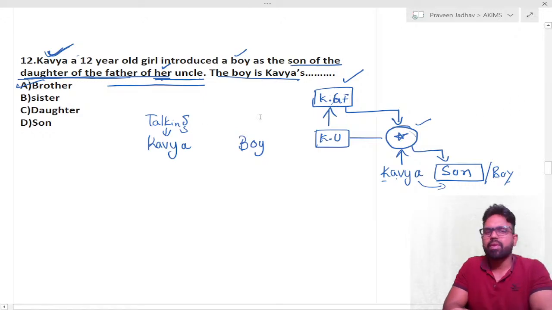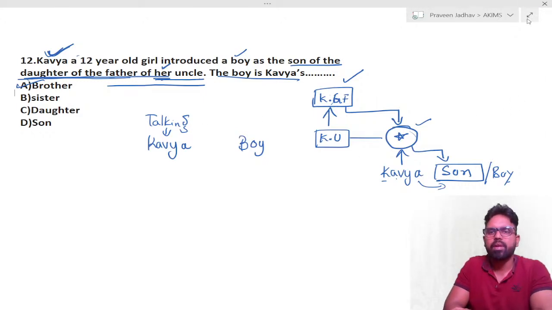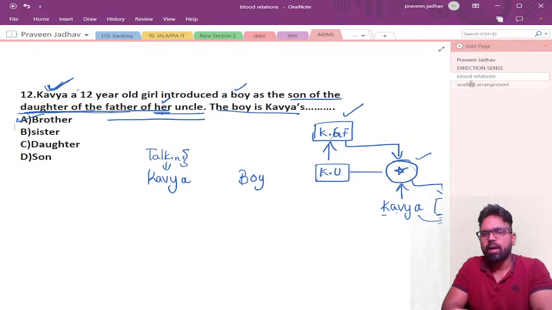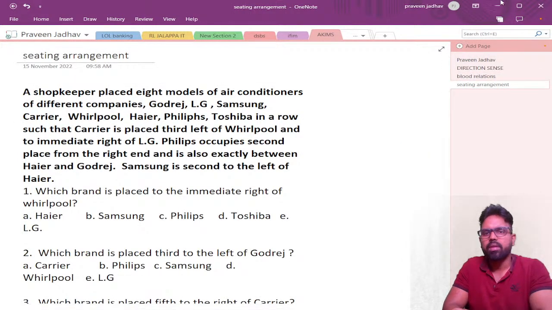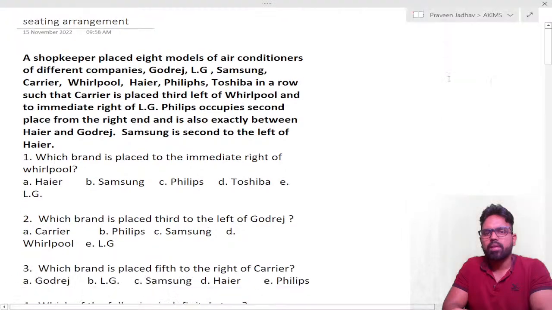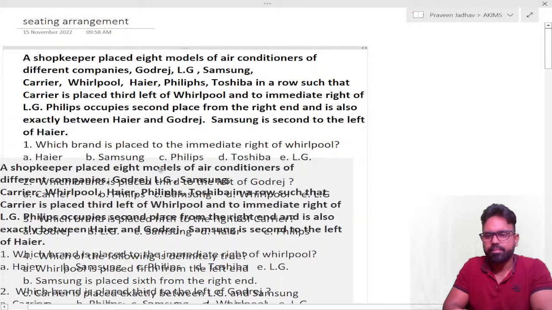These are different types of questions that we come across in the topic of blood relation. Now, I'll be gradually moving towards a topic called seating arrangement.